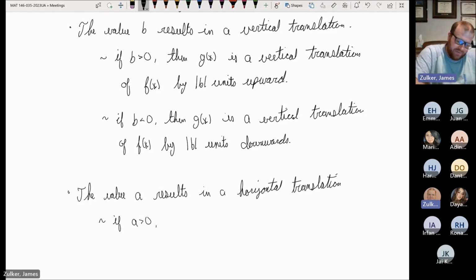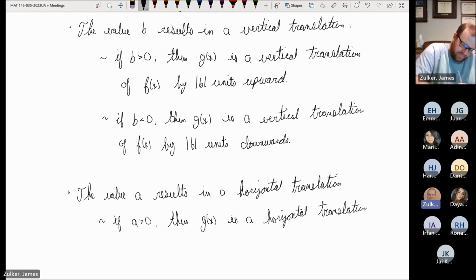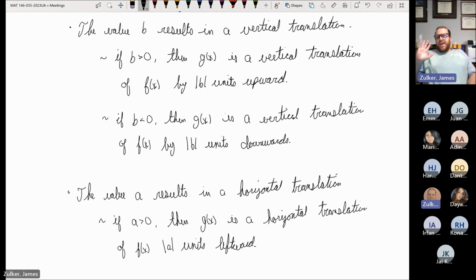If a is positive, then f of x is shifting to the left by a units.